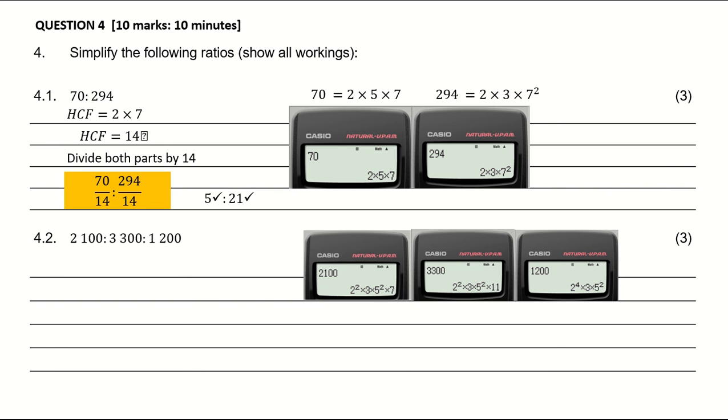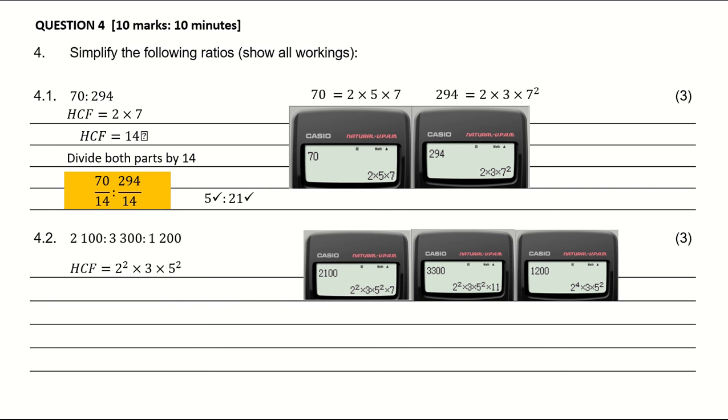But when you choose your highest common factor, you only take a base with the lowest exponent. With a base of 2, the lowest exponent will be 2. So our highest common factor will be made up of 2 squared, 3, as well as 5 squared.